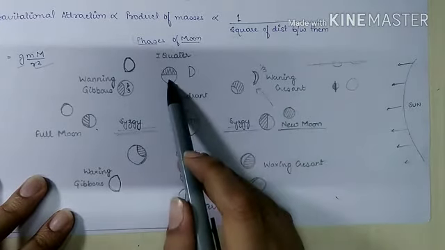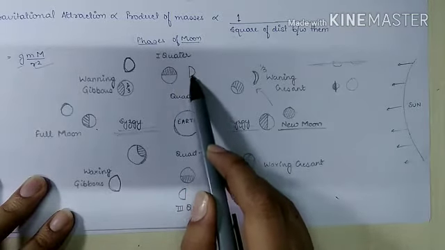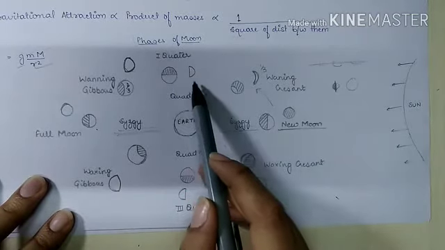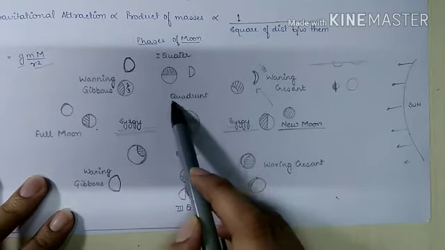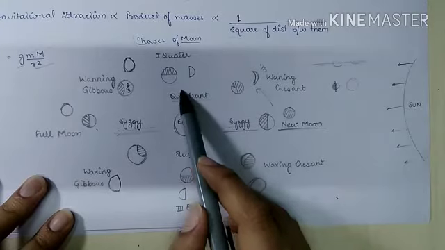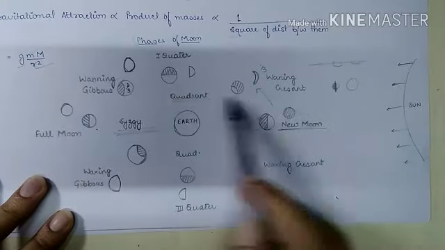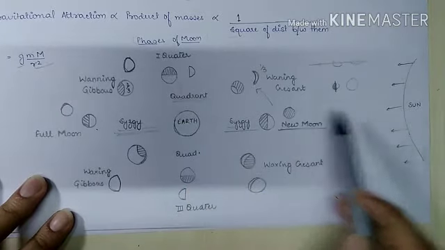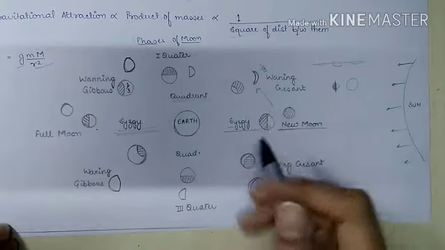Then we have the first quarter. In the first quarter we can see a half moon, and this position is known as the quadrature position. Quadrature is when the sun, moon and earth are at 90 degrees to each other.